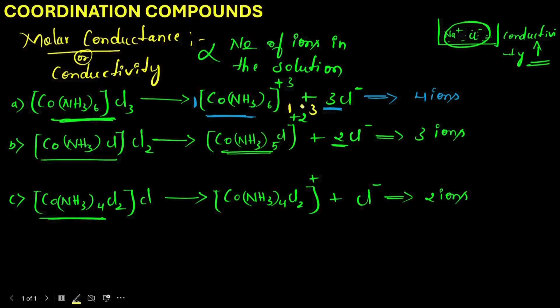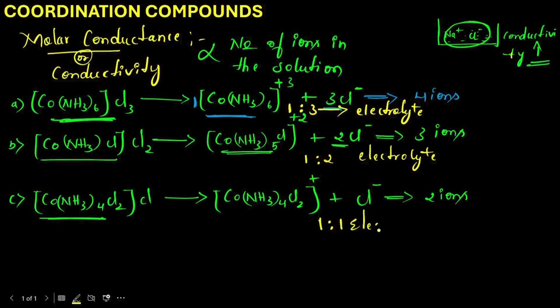Okay, therefore it is called a 1:3 electrolyte. Coming to the second case, here we have 1 cation and 2 anions, therefore it is a 1:2 electrolyte. And coming to the third case, here we have 1 cation and 1 anion, therefore it is a 1:1 electrolyte.